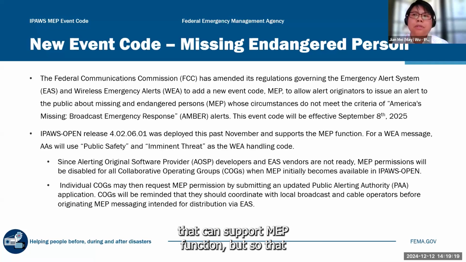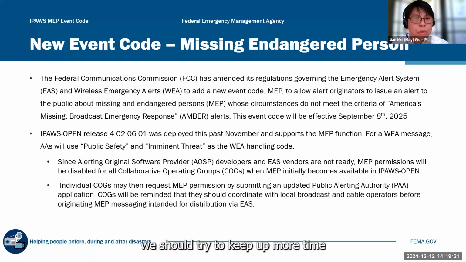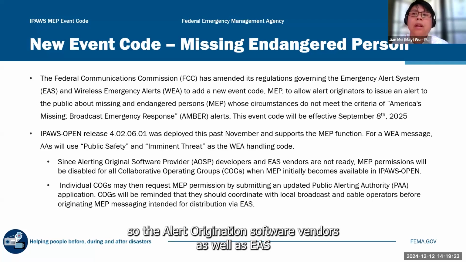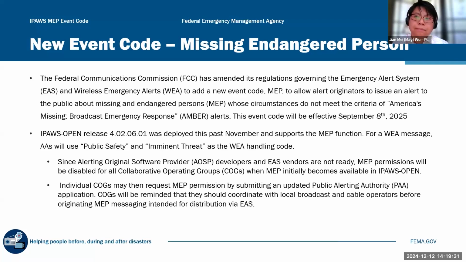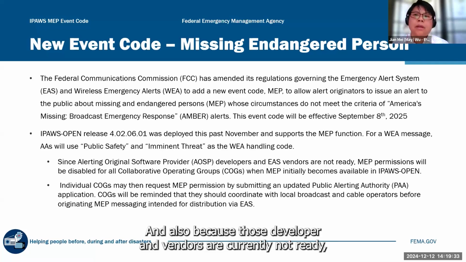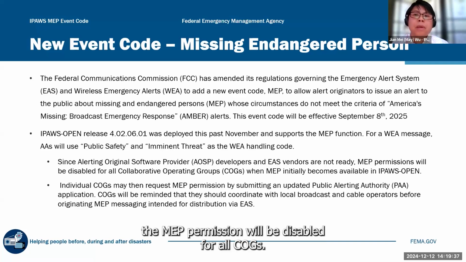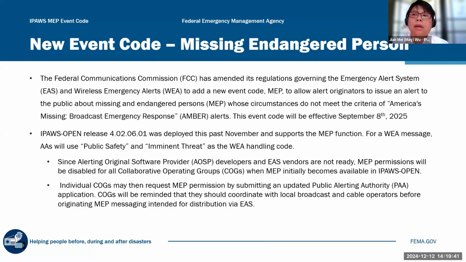But we should try to give it more time so that alert origination software vendors as well as EAS vendors will have more time to develop their products to support MEP. Because those developers and vendors are currently not ready, the MEP permission will be disabled for all COGs when MEP initially becomes available in IPAWS Open.